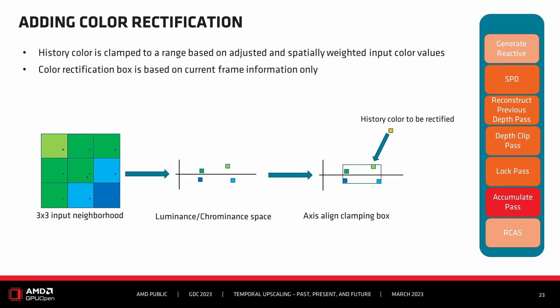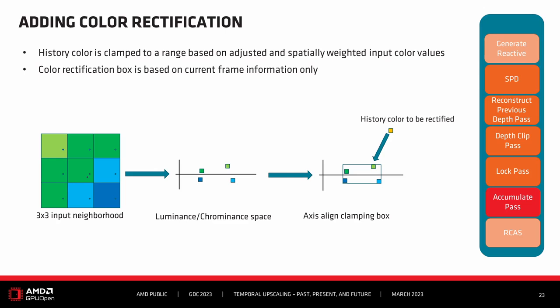So how that works is we take our low-res image from the current frame and will build a color bounding box out of the information of the current pixel and the surrounding pixels. And then we will compare the color value of the history pixel that we reprojected and want to blend with the current sample to check if the history color is basically reasonable.